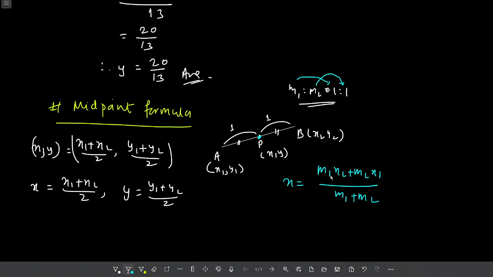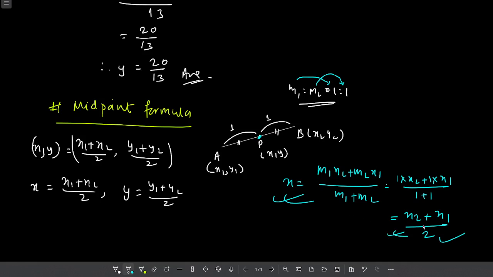If you put m1, m2 as 1, 1 in this formula, you will get 1 times x2 plus 1 times x1 over 1 plus 1. Then 1 times x2 is x2, 1 times x1 is x1, over 1 plus 1 is 2. That means we got x1 plus x2 over 2, and x1 plus x2 over 2 and x2 plus x1 over 2 are the same thing. So by using the section formula also we can find the formula for the midpoint of the line joining any 2 points.